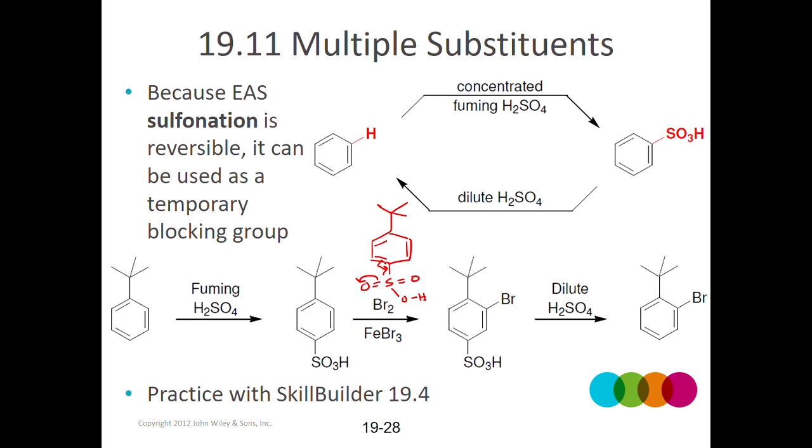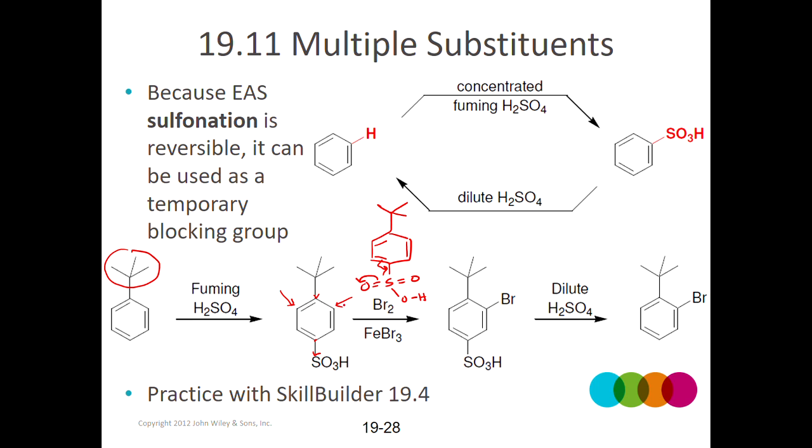So what's happening here is I've got the tert-butyl group already installed. I'm going to use this fuming sulfuric acid to install the sulfonate group. Now the sulfonate group is a meta director, so it's going to direct a new group to come in here. The tert-butyl group is an ortho para director because it's donating electrons rather than withdrawing them.